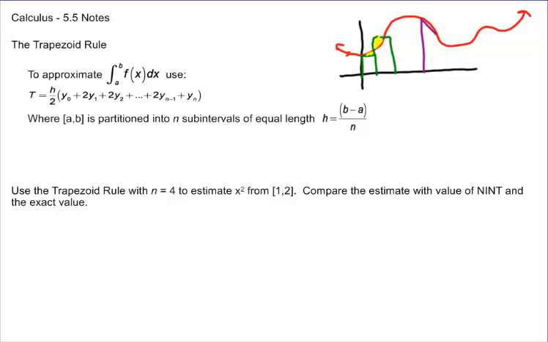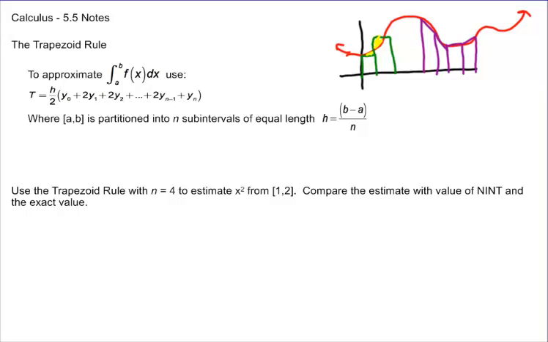There's not nearly as much wasted space in each trapezoid. It is a lot more accurate a measurement than using the straight up area of rectangles. So it's called the trapezoid rule.